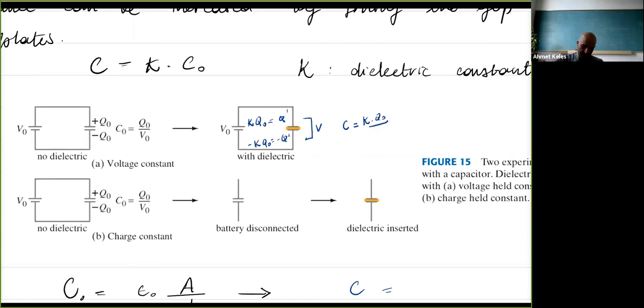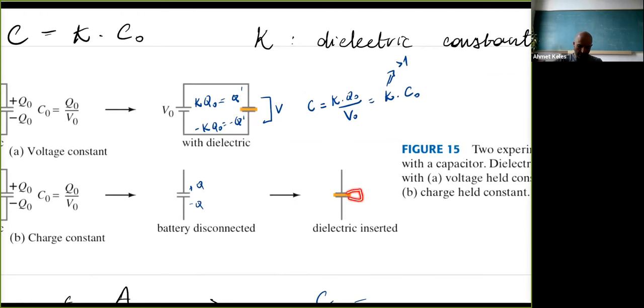In the second case, I already charged my capacitor and I have a certain amount of charge here, Q and minus Q. I cannot change this anymore. After I put this dielectric in, I can measure the voltage and see what happens. Empirically, what is found is that the voltage across the capacitor drops by some constant.